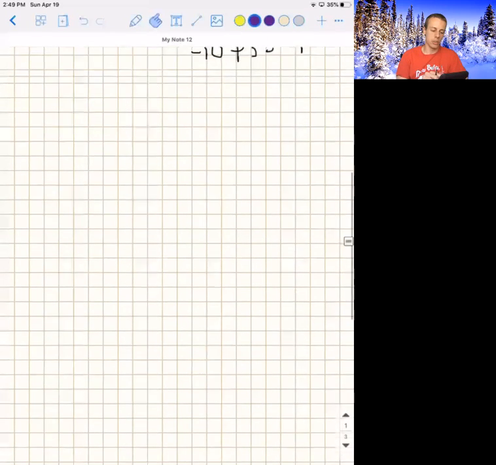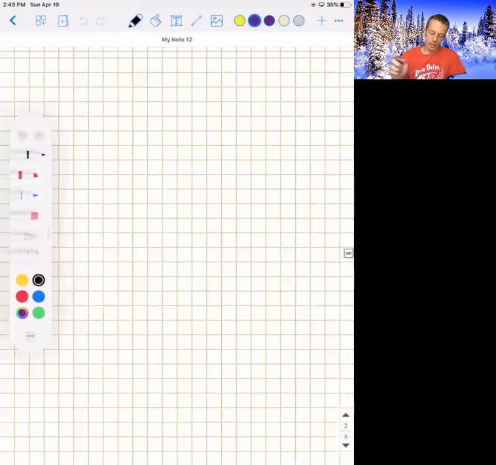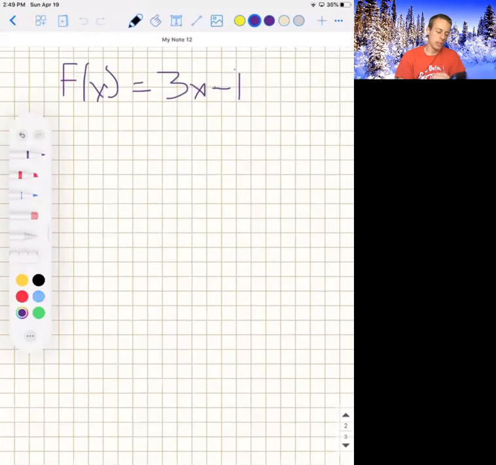Okay, so let's do one more example. Let's do another example with some of this. Let's say this time our function is 3x minus 1. So again, to start, we're just going to call this y equals 3x minus 1. And we're going to start to undo this equation over here on the right so we can get x by itself.